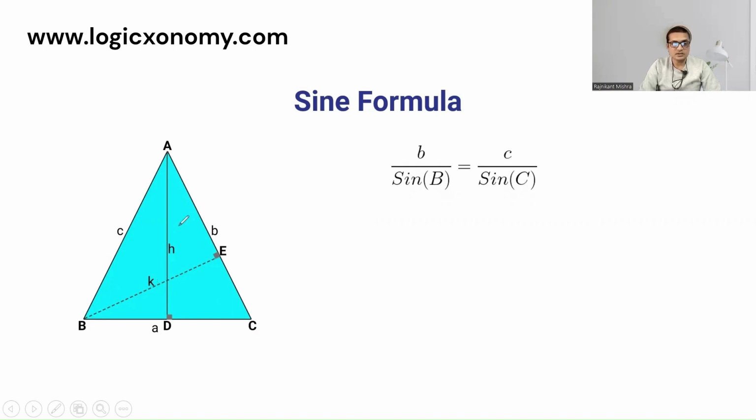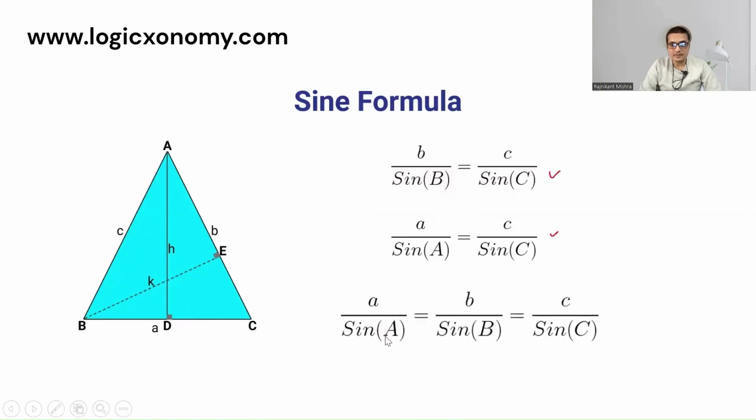Repeat this same process in right angle triangles BEA and BEC. Then we get a by sine A is equal to c by sine C. After comparing both the equations, the final result is a by sine A is equal to b by sine B is equal to c by sine C.